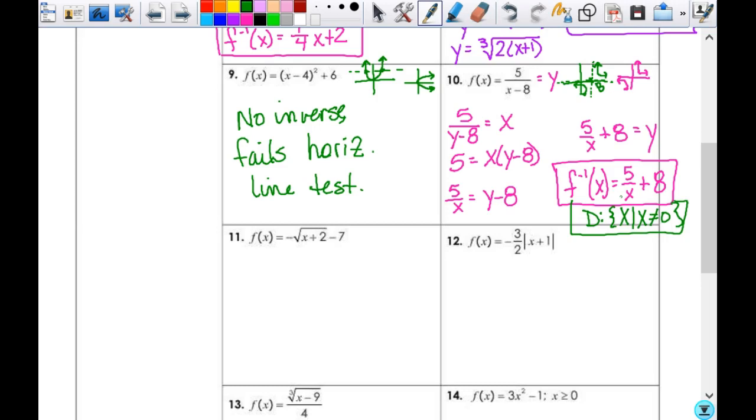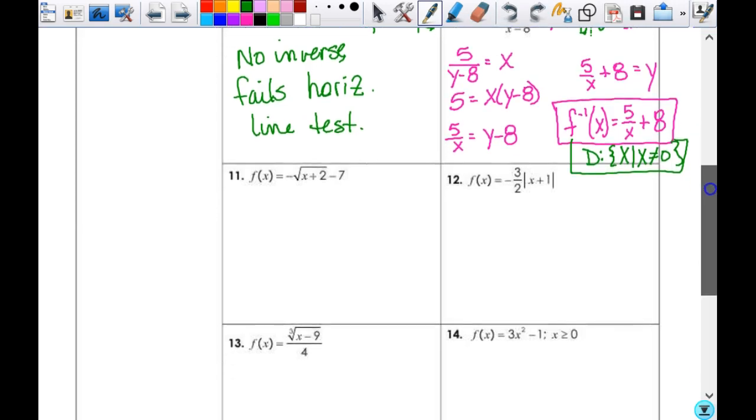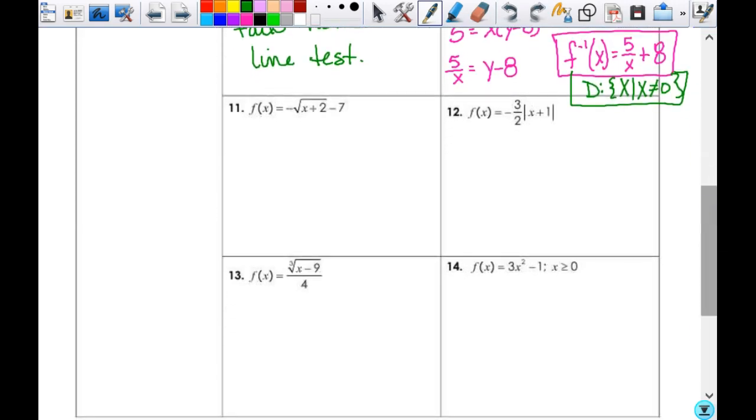Questions? Okay. Let's look at 11. So on 11, I have, this is a square root function, right? So this is my parent function. Does it pass the horizontal line test? Yes, it does. Therefore, I have a function, so I can find the inverse.